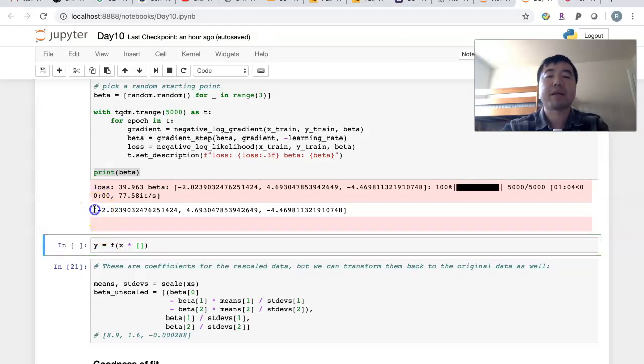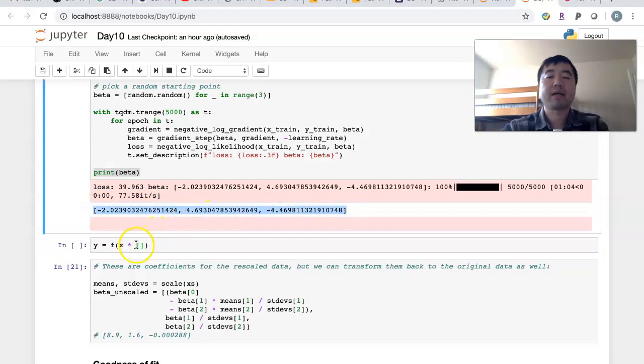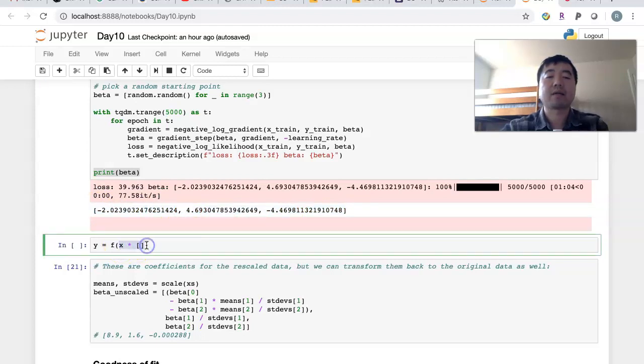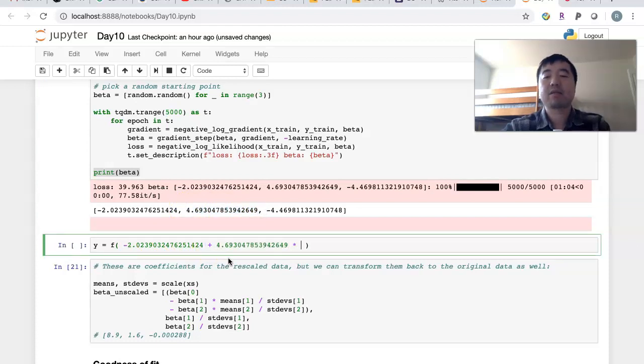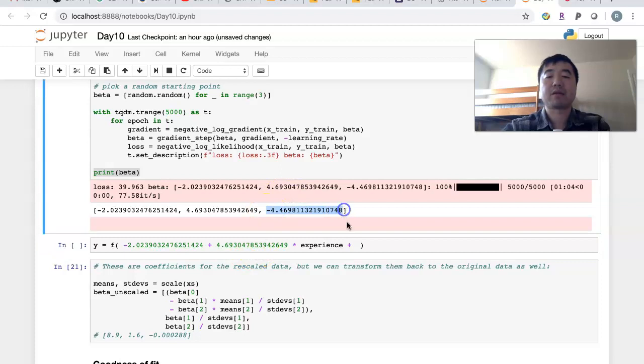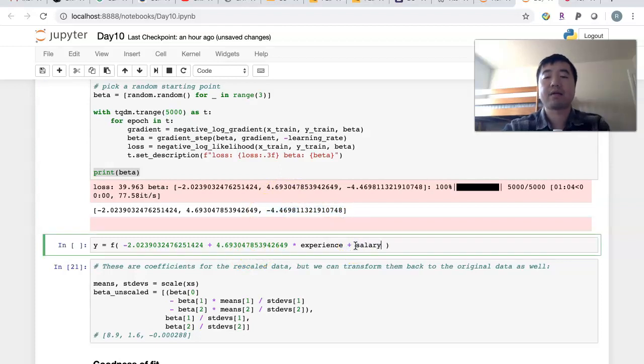So this would be beta 0, and then plus beta 1 times your experience, plus beta 2 times the salary. Okay, and then we calculate the number.